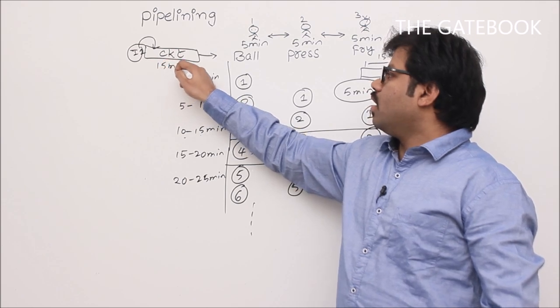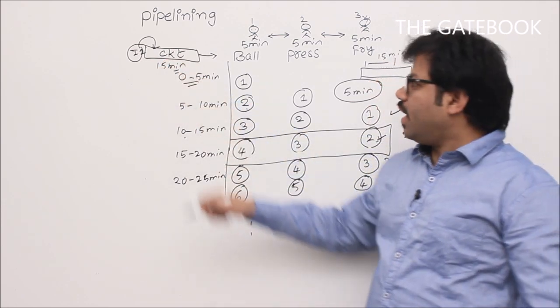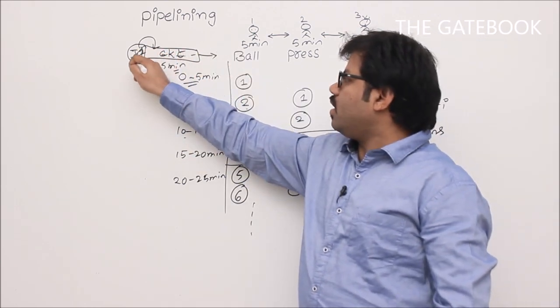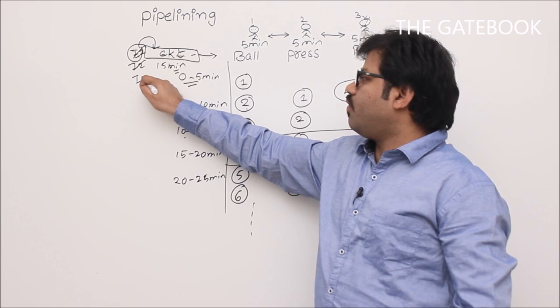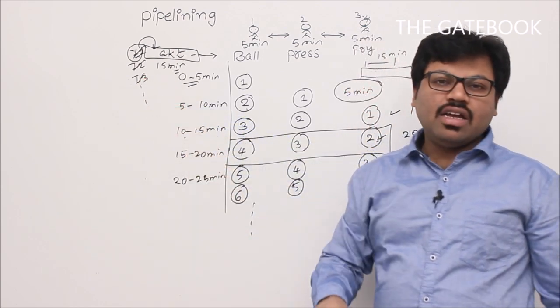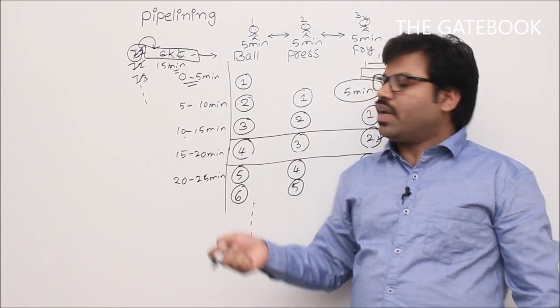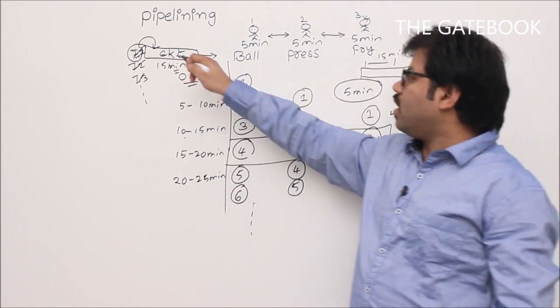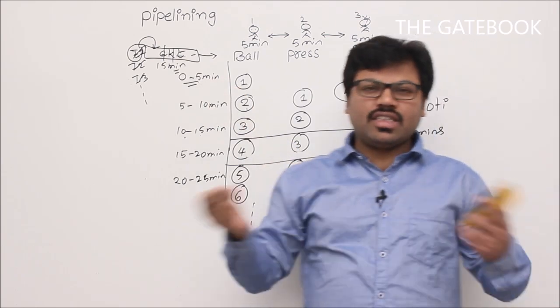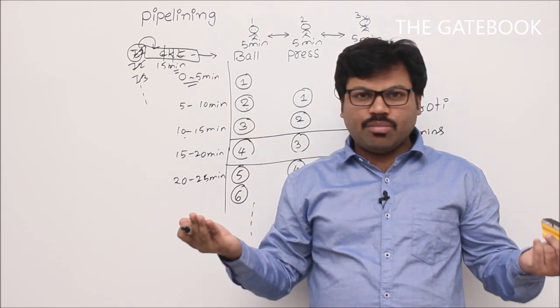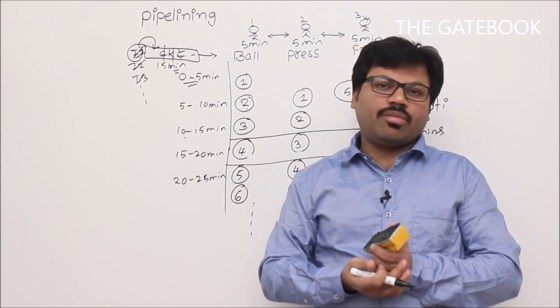Rather than executing instruction 1 on this circuit, then feeding instruction 2, then instruction 3, where every instruction will be executed after 15 minutes, right? If you divide the circuit into stages and make sure that every stage works at the same time, then you can get the performance benefit.